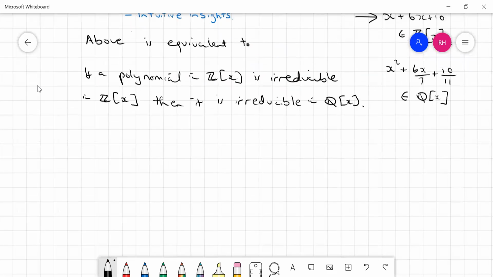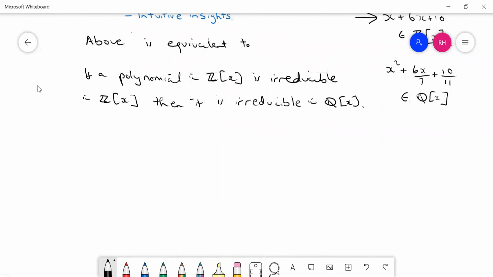Well, the first thing that comes to mind is it shows you the real power. It reveals the power of Gauss's lemma. So what do I mean by that?